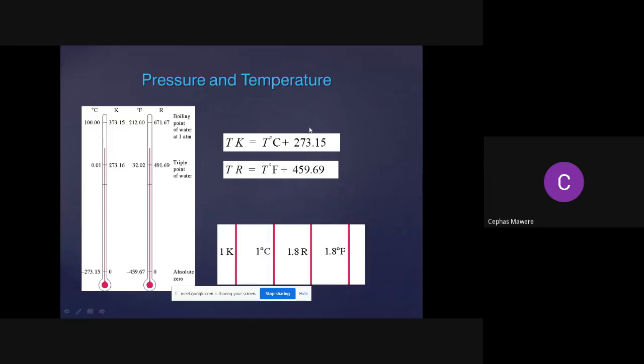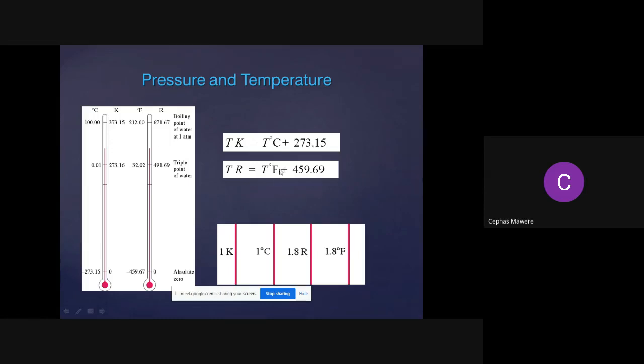Likewise, if we are looking at Fahrenheit equivalent, the calculations here basically: in kelvins is your temperature in degrees Celsius plus 273.15, and in Rankines is your temperature in Fahrenheit plus 459.69. And again, you can also convert from degrees Celsius to Fahrenheit.